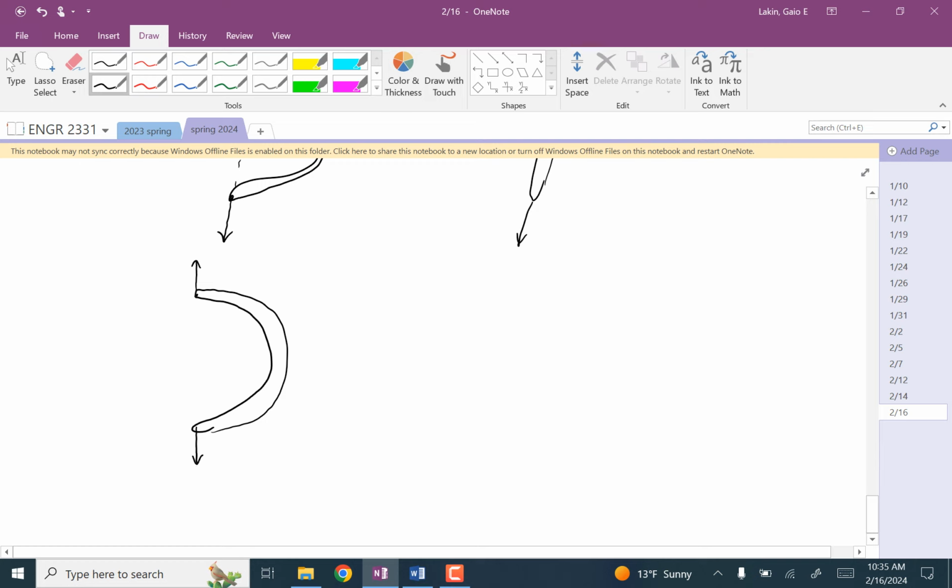So if this is the pin A and this is the pin B, you have an F2 like that. And at pin B, you have an F2 like, no, I did that exactly wrong.